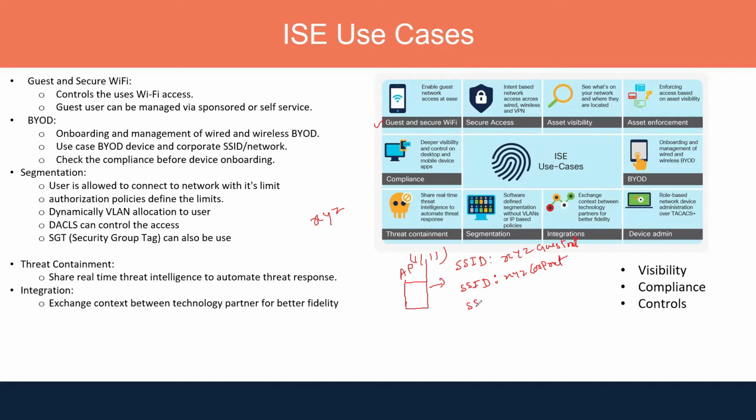And maybe another SSID is XYZ Corp user. So we have three different SSIDs being advertised over here by this AP. And now I'm just talking about the access to my network.